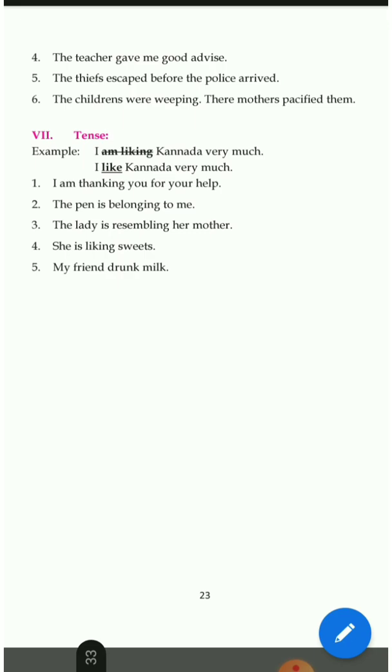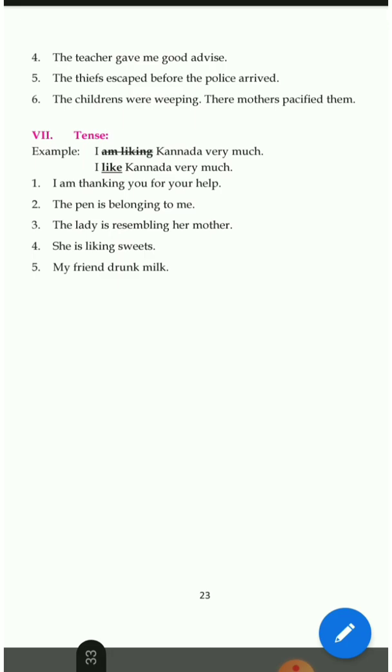So these verbs, what I said, stative verbs, do not go with helping verbs. If you write a helping verb, then they should be in the ing form, right? This makes the whole sentence awkward and wrong. So whenever you talk about like, thank, belong, resemble, remember, have, please be careful.